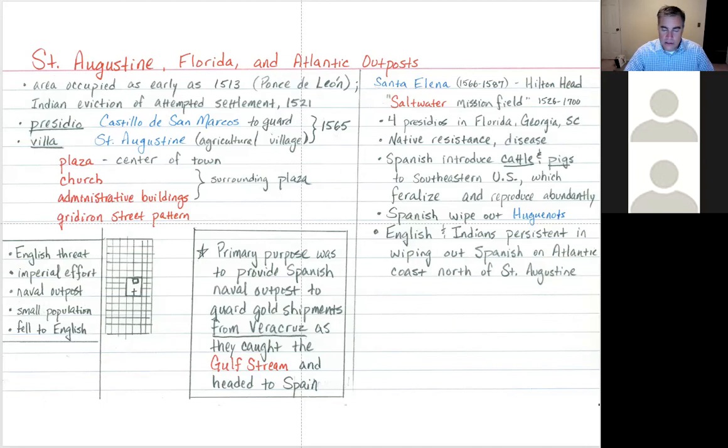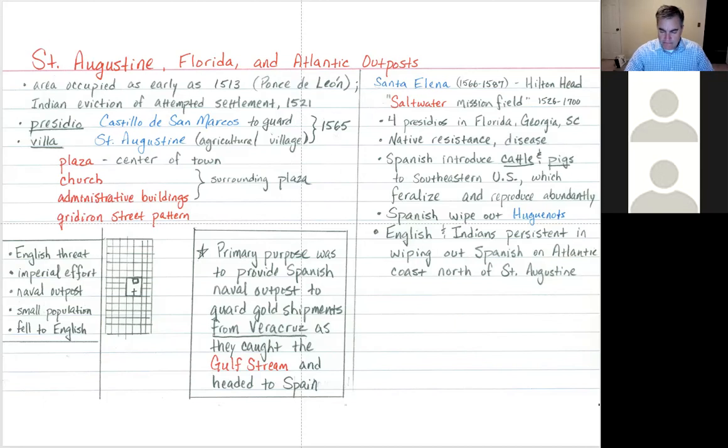They were hired guns. They intercepted Spanish gold shipments, and of course, part of that shipment then was taken back to England and handed over to the crown. But of course, there was a lot of profit to be made in that too.